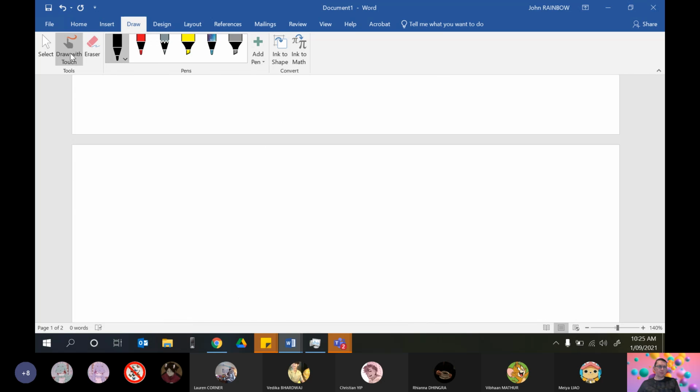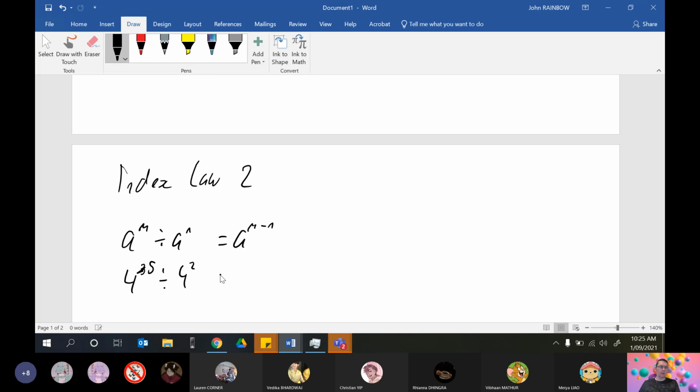Have a look at index law number 2. What is index law number 2? It's dividing. When you've got a to the power of m divided by a to the power of n, it equals a to the power of m minus n. The reason for this is if I look at 4 to the power of 5 divided by 4 to the power of 2, it's actually 4 times 4 times 4 times 4 times 4 over 4 times 4.